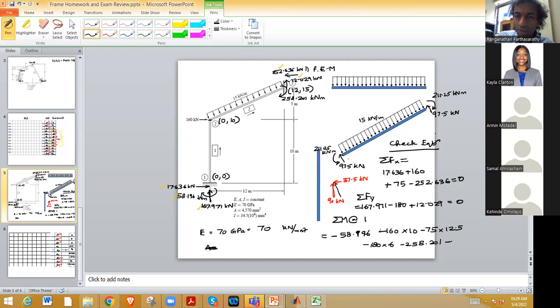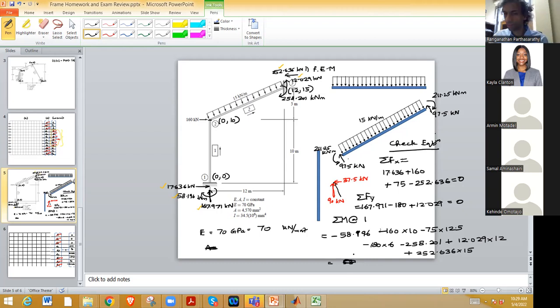Then you have positive 12.029 times 12. Then you have positive 252.636 times 15.